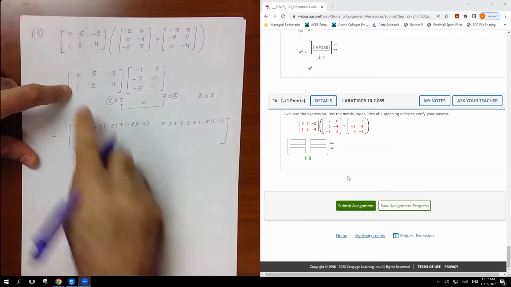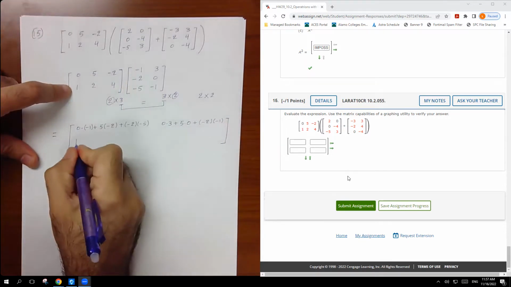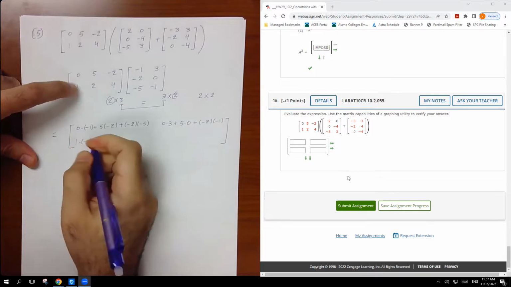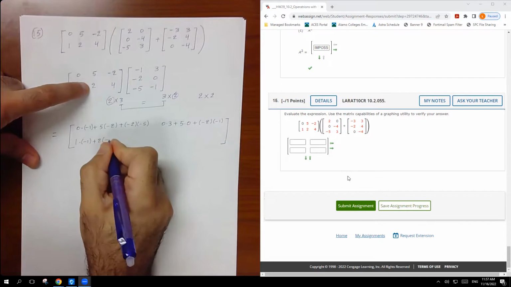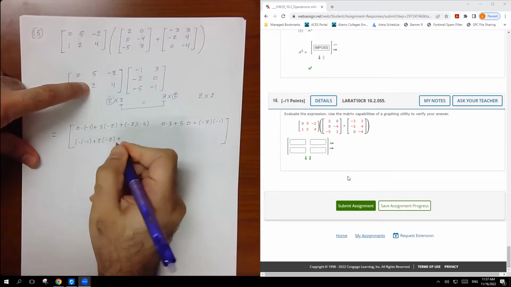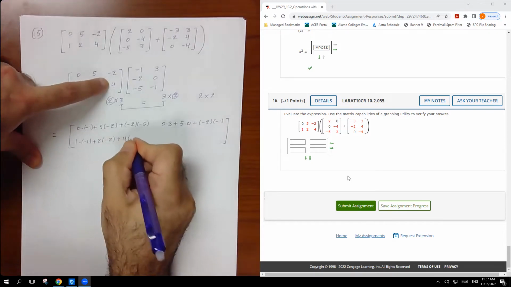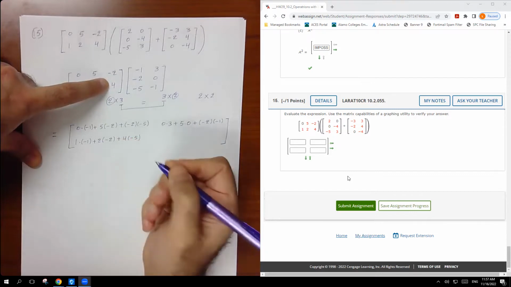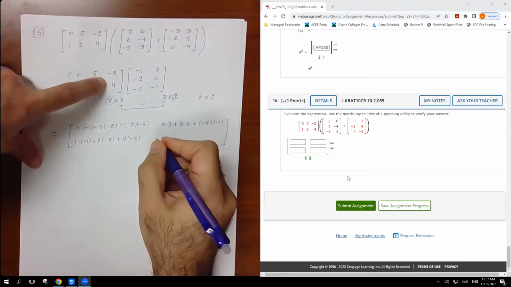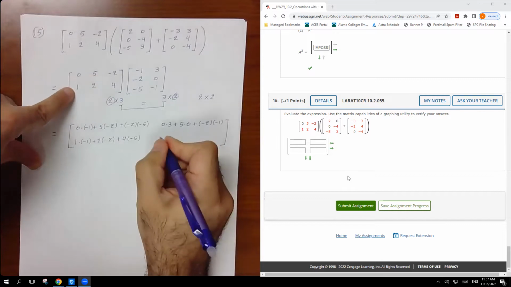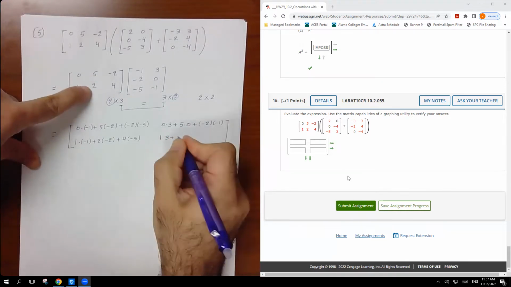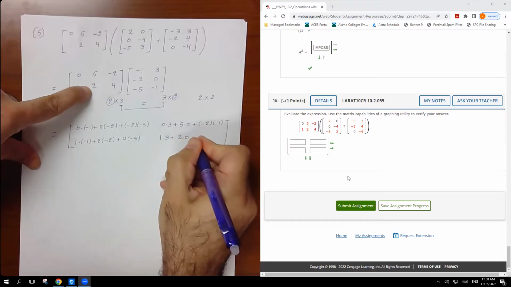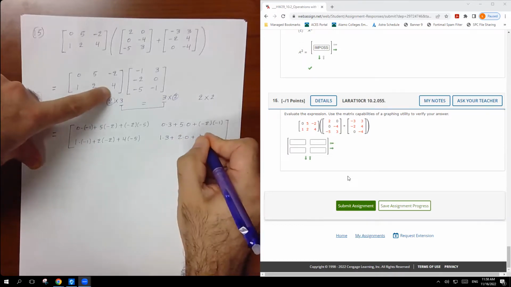Now, the second row with the first column, which is 1 times negative 1 plus 2 times negative 2 plus 4 times negative 5. And the second row with the second column, so it's going to be 1 times 3 plus 2 times 0 plus 4 times negative 1.